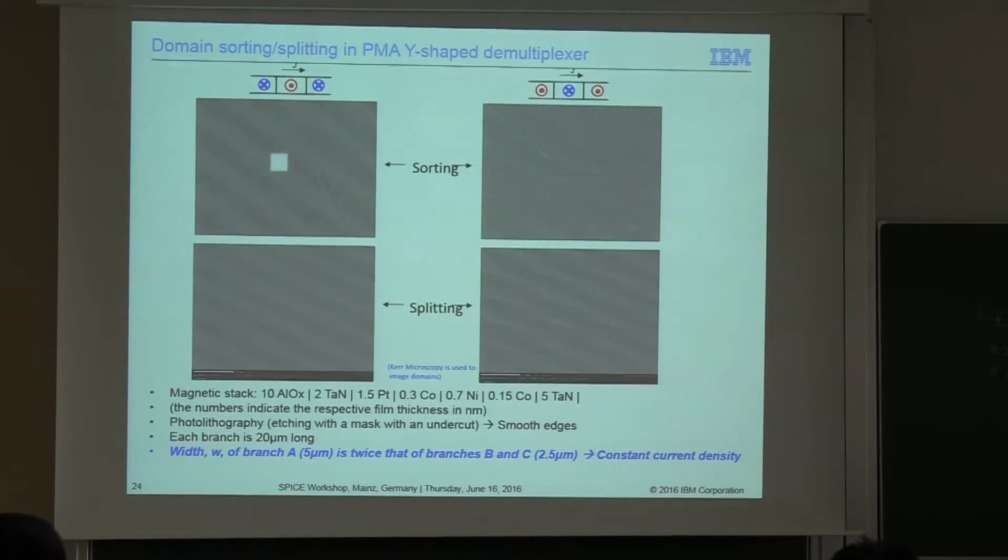Namely, they point towards the right, and the down-up ones point towards the left. And if you have an up-down and a down-up domain wall, they actually move in two different directions. And by using different pulse sequences, you can actually have them either sort or be split into two branches as shown here. And this is experimental data that's also taken on a Kerr microscope.